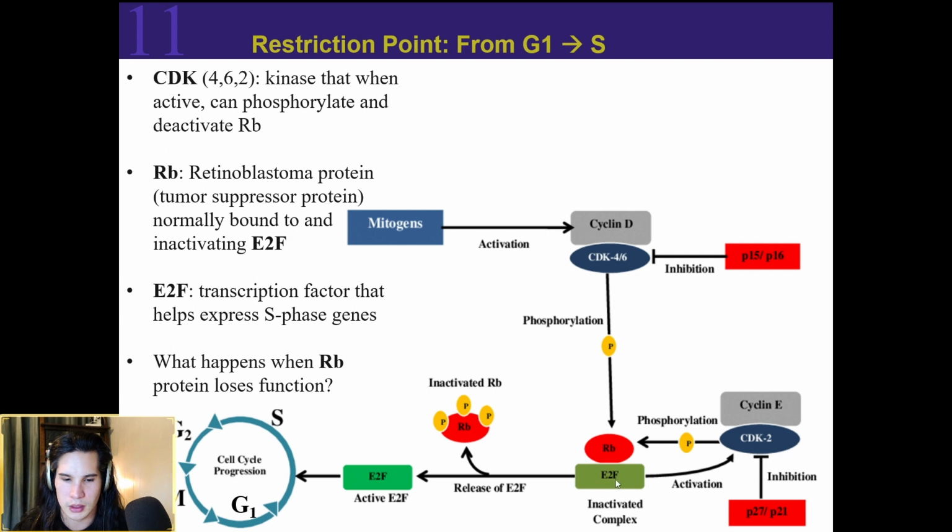Well, what would happen is this E2F would freely bind to your genome, perpetually expressing genes associated with transitioning from G1 to S phase. And that would eventually lead to G2, to mitotic phase. It would lead to cell replication, and eventually you just get uncontrolled cell growth.